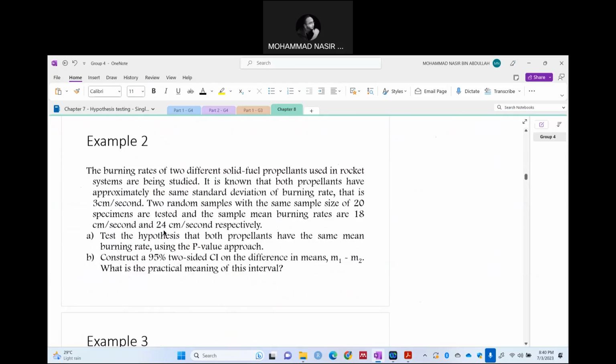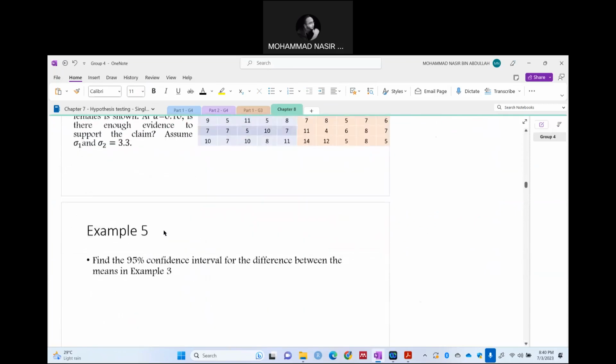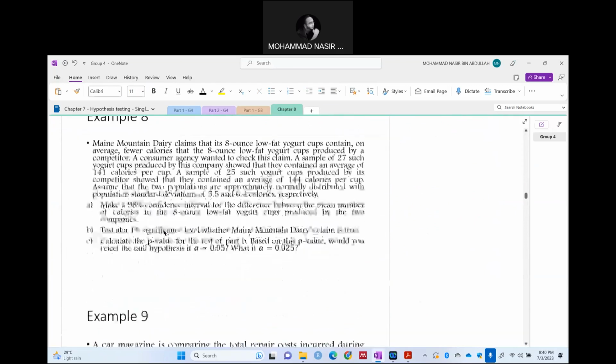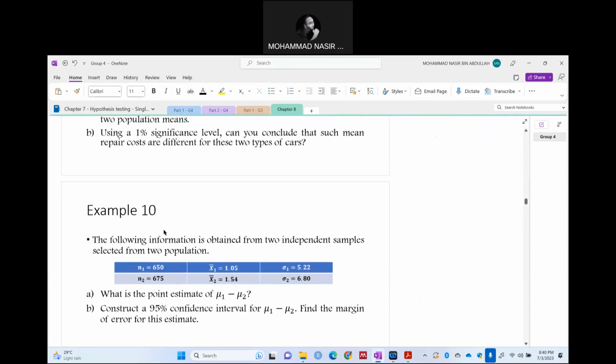So example number 2, I think we do until example number 2. I leave examples 3, 4, 5, 6, 7, 8 until 10 for you to do yourselves, okay?